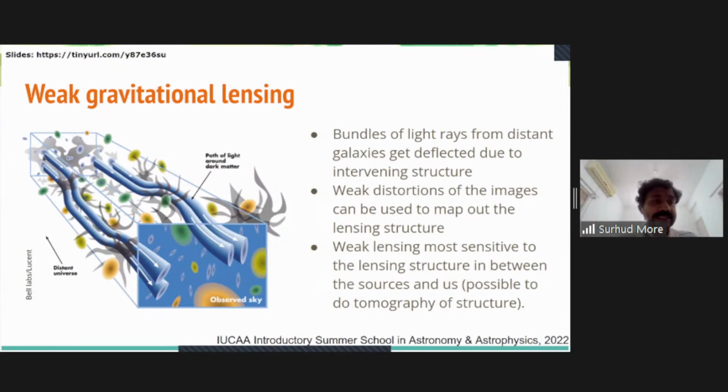Now, let's consider this blue galaxy here. There are bundles of light rays coming from different portions of this galaxy. These bundles of light rays travel towards us, and then they encounter some matter distribution in between, like these wisps, ghost-like structures that you see here, which are supposed to represent the dark matter distribution.